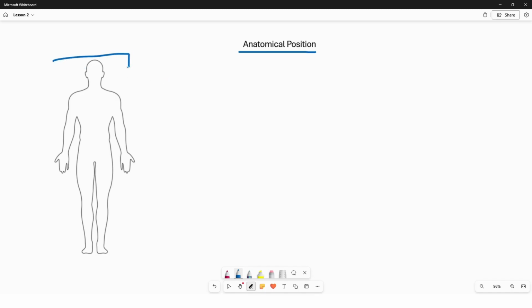So this person right here is in anatomical position, and what you notice about him is that he is standing upright, and his arms are facing forward. So supination is when your palms are showing up, and pronation is when your palms are facing down. So his arms are supinated.